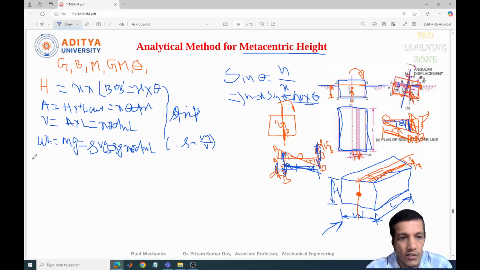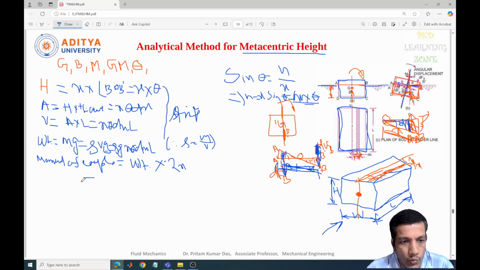So the moment of couple equals the weight of each strip into the distance between the two strips. Here one strip, here one strip, so the distance will be x plus x, that is 2x.